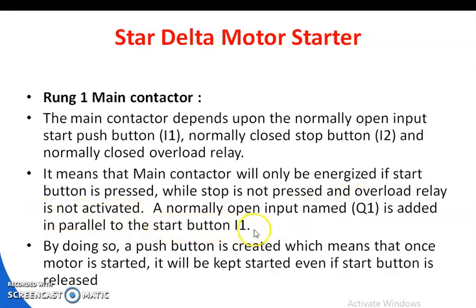A normally open input named Q1 is added in parallel to the start button I1. By doing so, a latch is created, which means that once the motor is started, it will be kept running even if the start button is released.